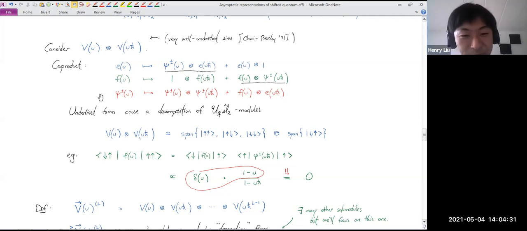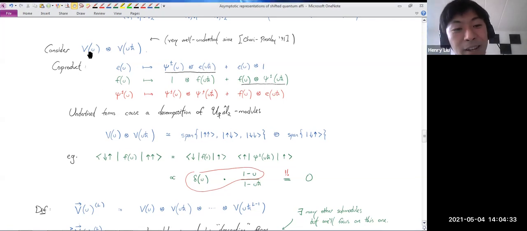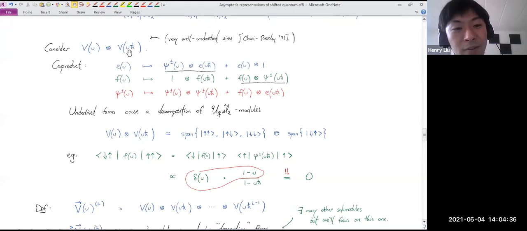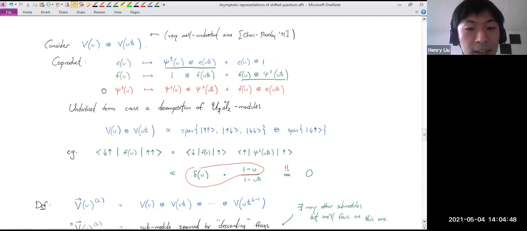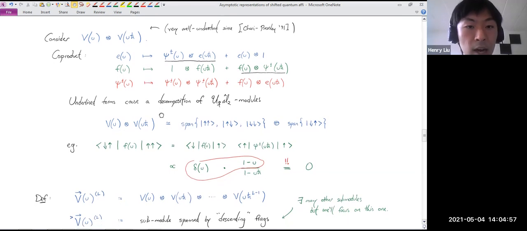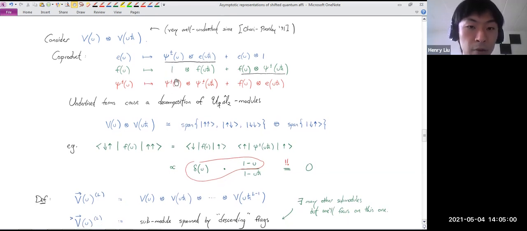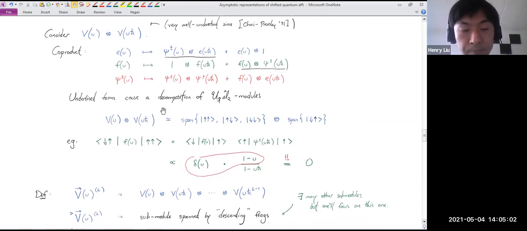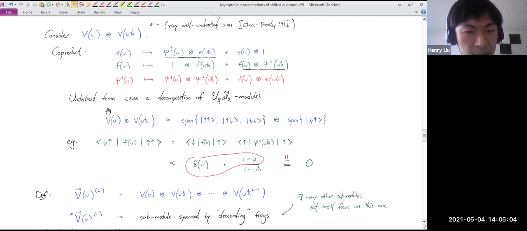Anyways, tensor products of evaluation representations of this particular form have actually been very well studied since Chari and Pressley 30 years ago now. And it's known that this particular tensor product is reducible. We can actually see the reducibility from our formulas. You can do the computation because you know exactly what this looks like.